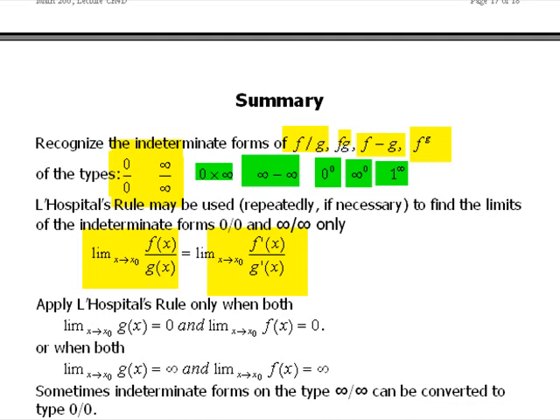You can only apply L'Hopital's rule when both f and g are going to 0 or both f and g are going to infinity. Okay? Sometimes those other indeterminate forms can be converted to infinity over infinity or to 0 over 0, in which case you can use L'Hopital's rule. And then remember that you can end up with a situation where you need to apply L'Hopital's rule a second time. But if g goes to 0 and f doesn't, you can't apply L'Hopital's rule. They both have to go to 0 or they both have to go to infinity.